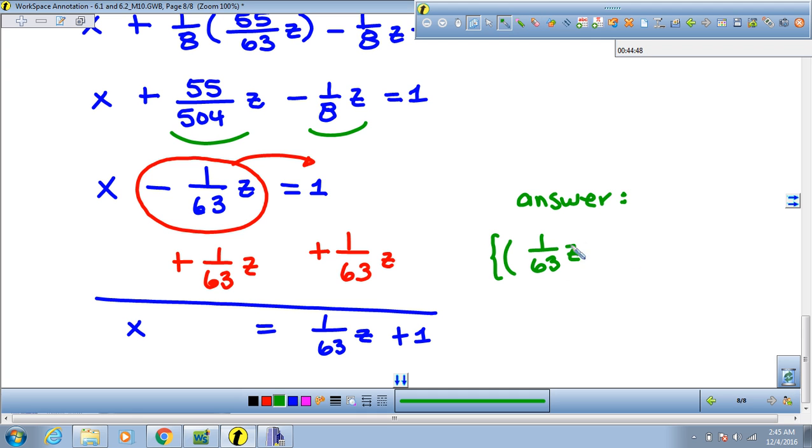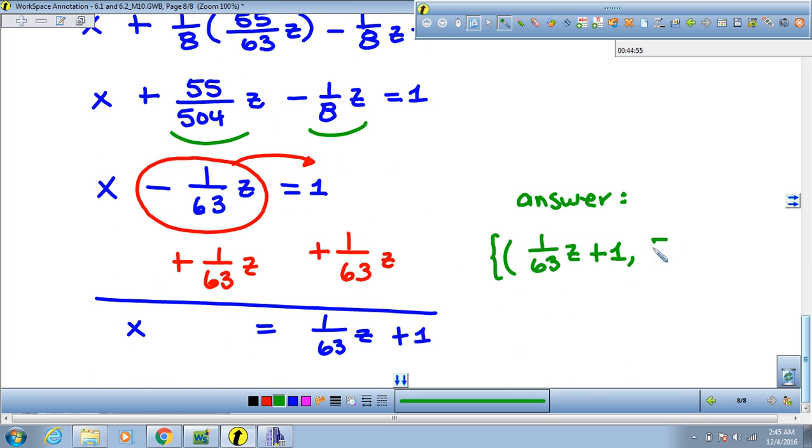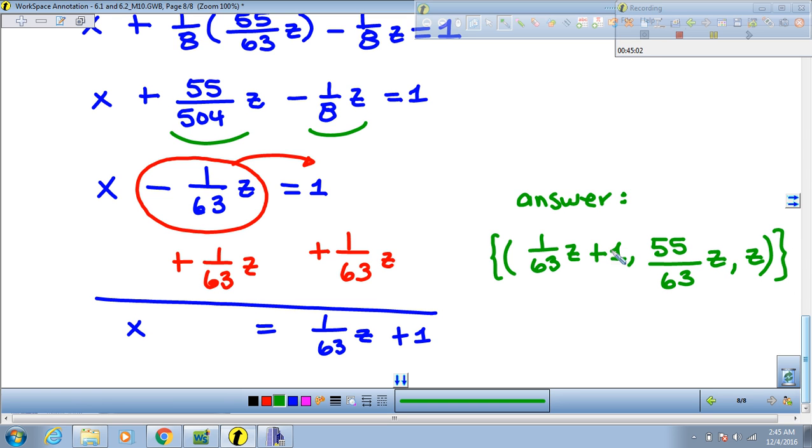The y was after. So 1 over 63z plus 1, comma, and then the y was 55 over 63z, comma, z. Sorry about the little confusion there at the end, that I forgot the 1 on the x value.